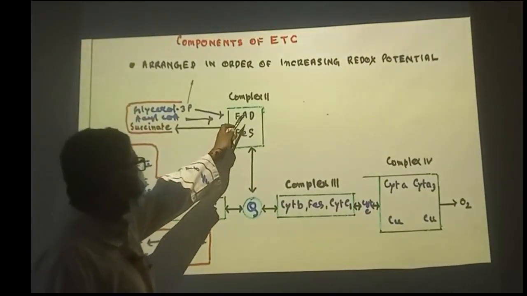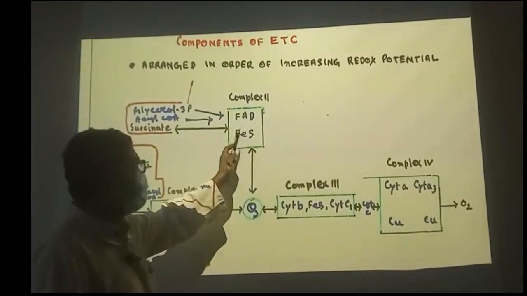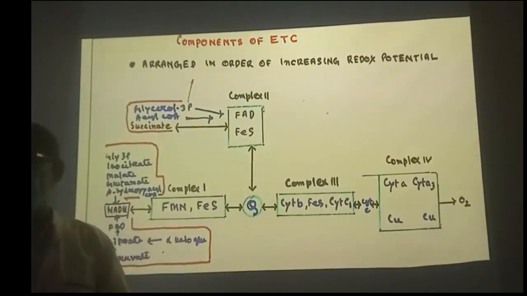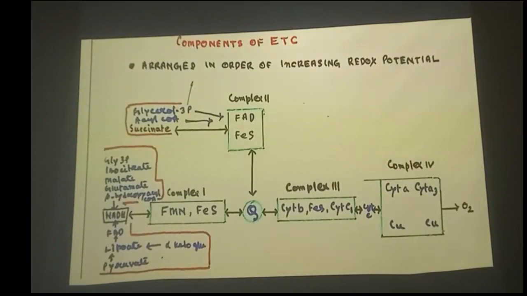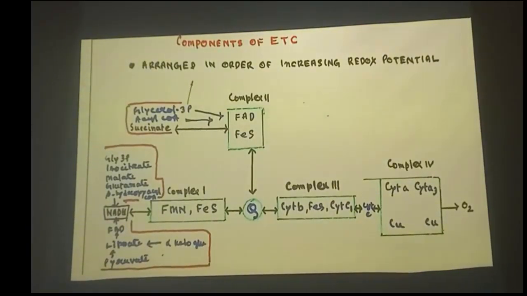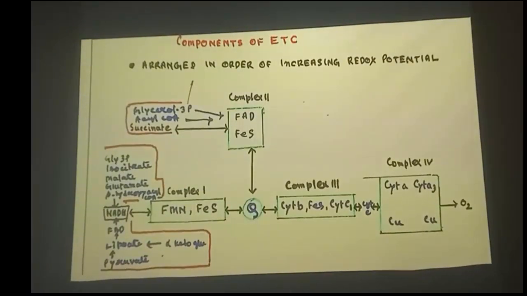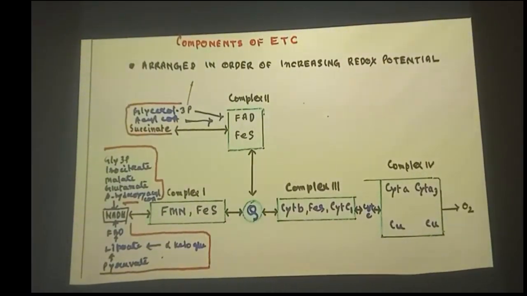Now complex 2 is made of FAD, flavin adenine dinucleotide, and also an iron sulfur protein. Flavins are vitamin derivatives that you all know. An iron sulfur protein is made up of iron and sulfur mainly.